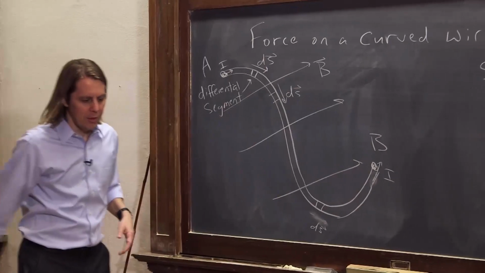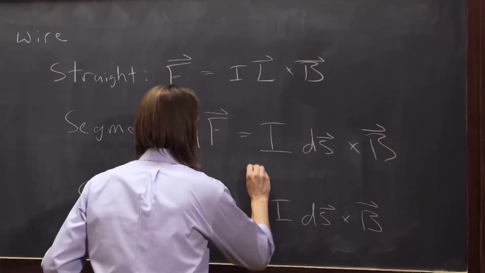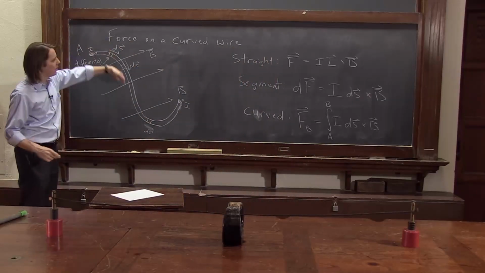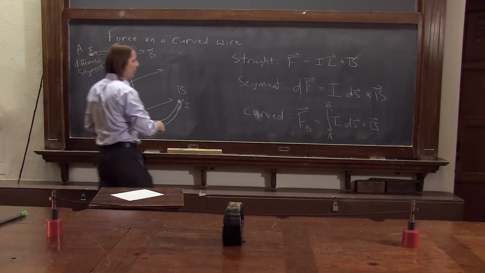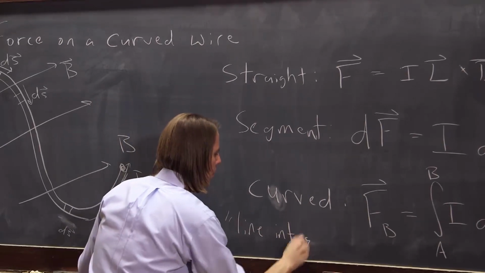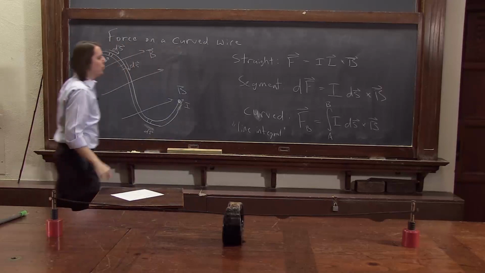If we want to do the whole thing, we could go from A to B. Those limits are where you follow, from what point on the wire to what other point on the wire. When you integrate along a line like that, it's called a line integral. It has several other names: contour integral, line integral, whatever you want to call it.